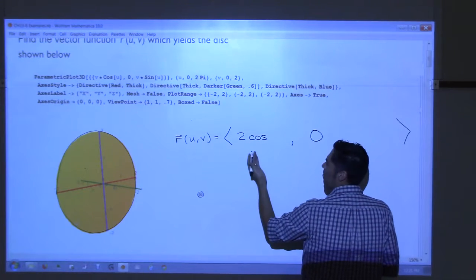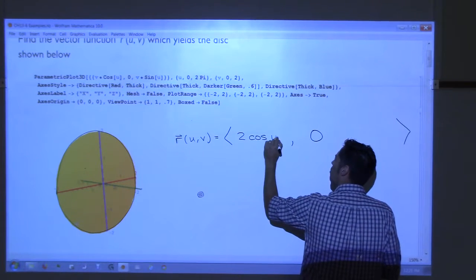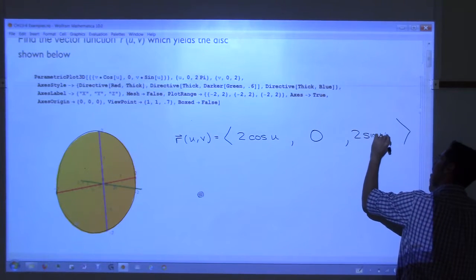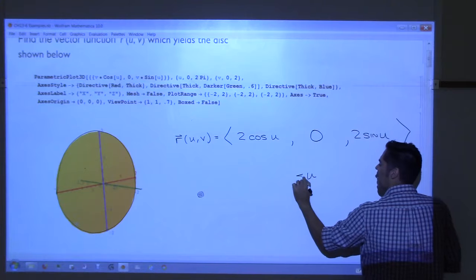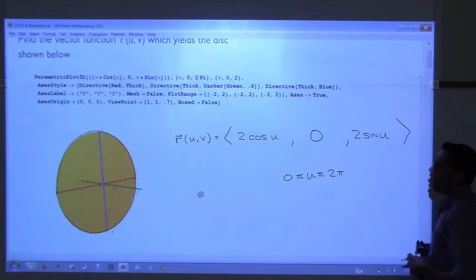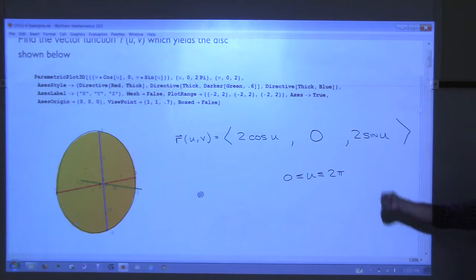I can use u or v here, it doesn't matter. Okay, 2 cosine u, and then 2 sine u, and let u go between 0 and 2 pi. Wouldn't that draw me just the outer edge of the disk? That's not good enough though, right? I need that and everything inside.